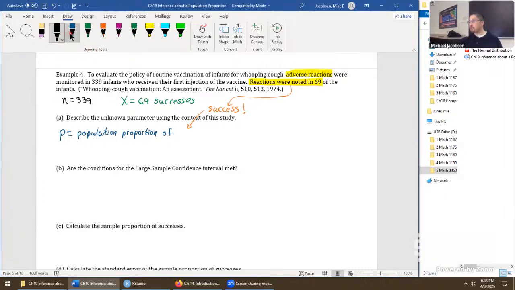And now here, when we're describing the parameter, we can say population proportion of adverse reactions for, let's see, it was first injection. I'm not sure how important that is. Let's carry it in just in case. Adverse reactions for the first injection.